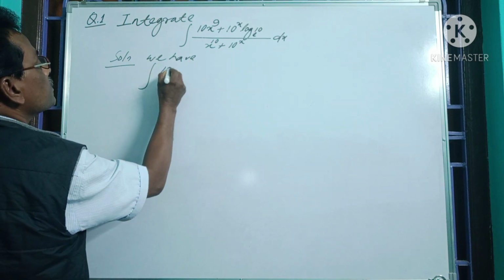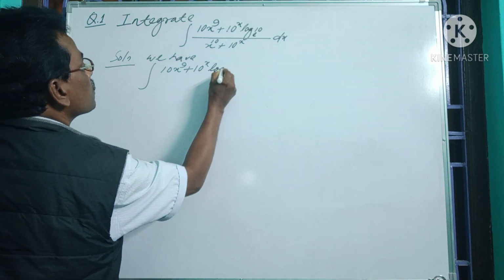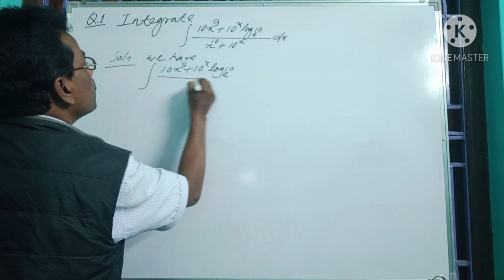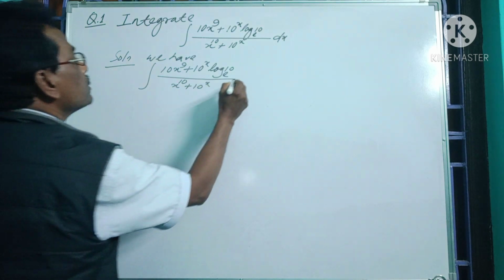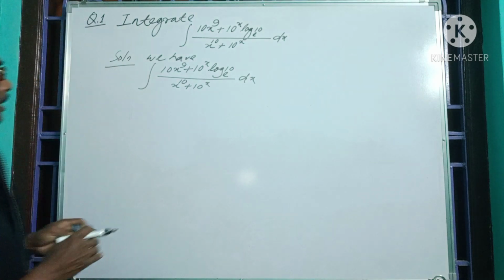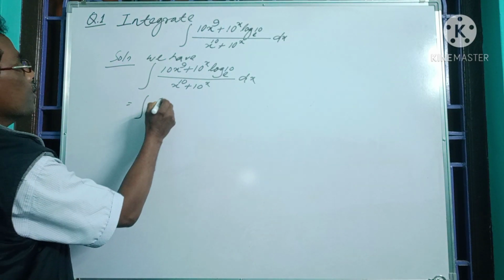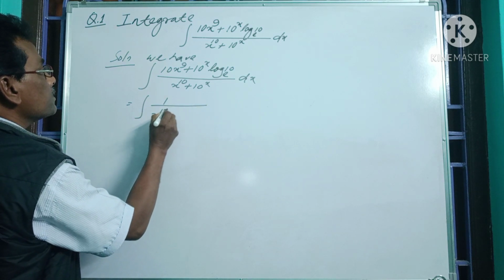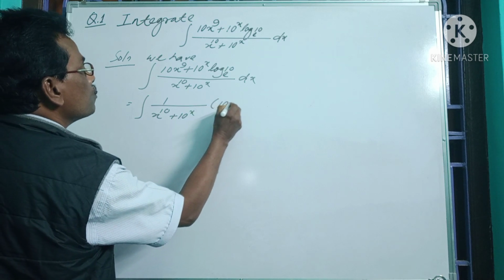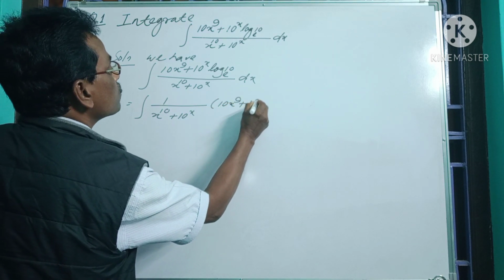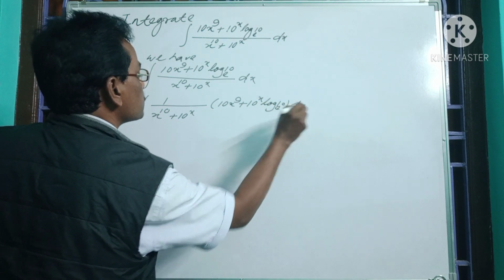So let us start with the integration of the integrand, that is, integration of 10 x to the power 9 plus 10 to the power x log of 10 base e, divided by x to the power 10 plus 10 to the power x, with respect to x. Now adjusting, we have integration of 1 by x to the power 10 plus 10 to the power x, into 10 x to the power 9 plus 10 to the power x log of 10 base e, with respect to x.